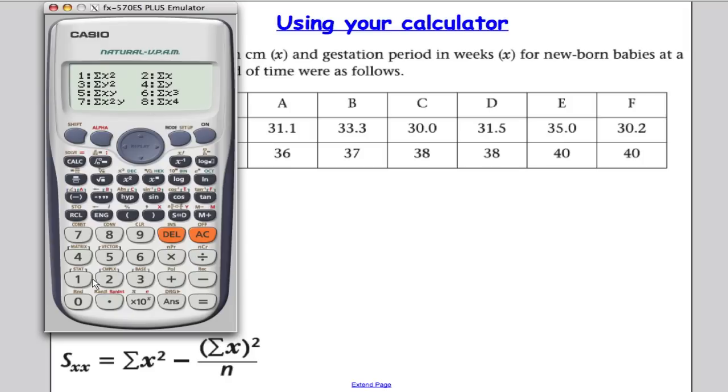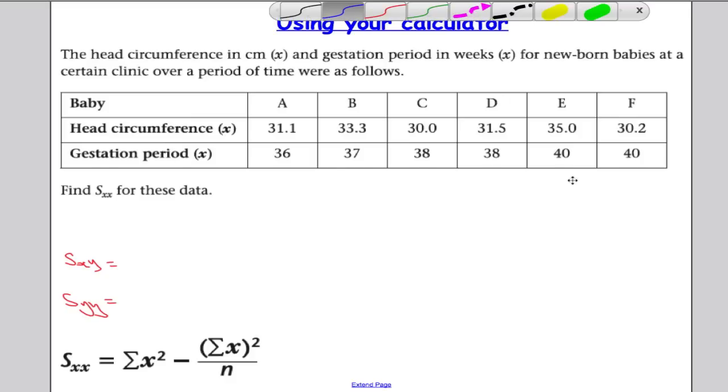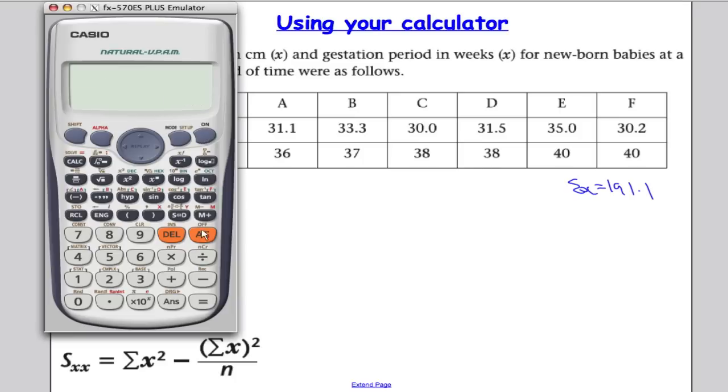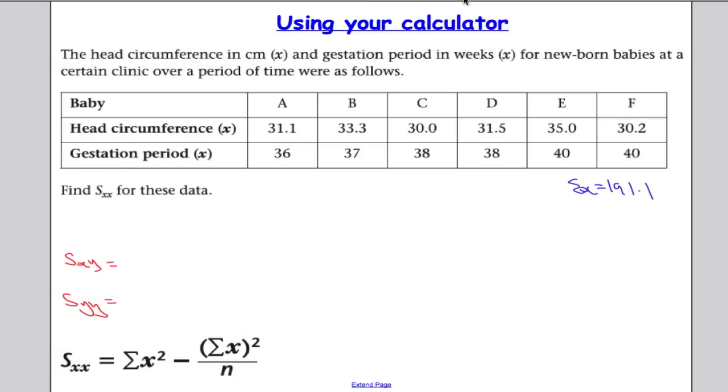So we'll start with the sum of X. If I hit 2 and then equals, 191.1. So sum of X equals 191.1. Shift stat sum again, sum of X squared, 6105.39.